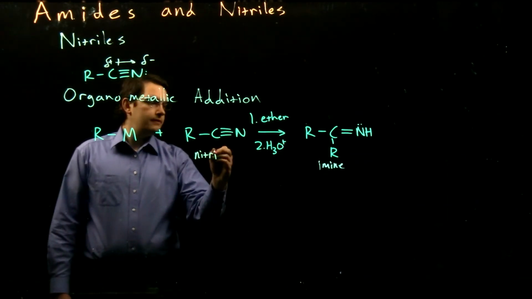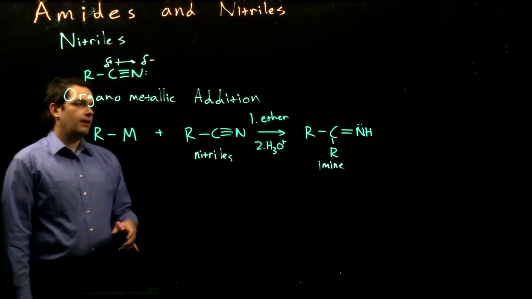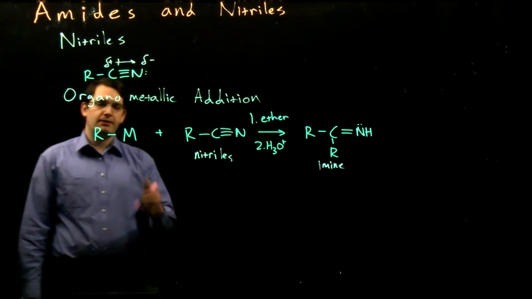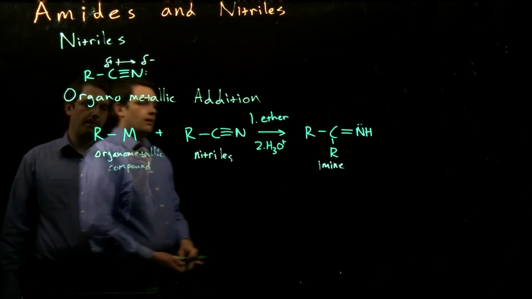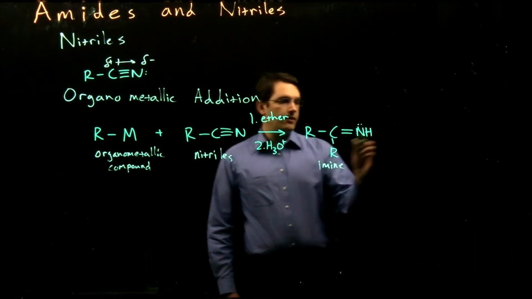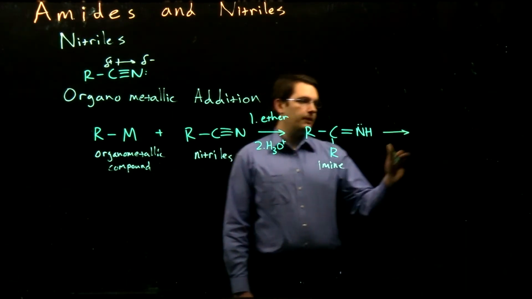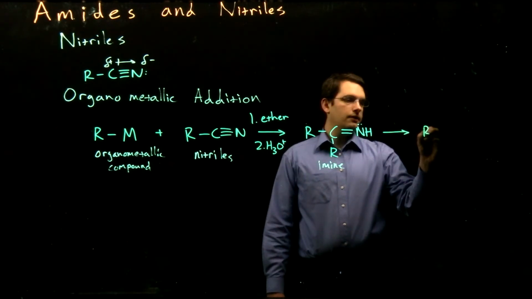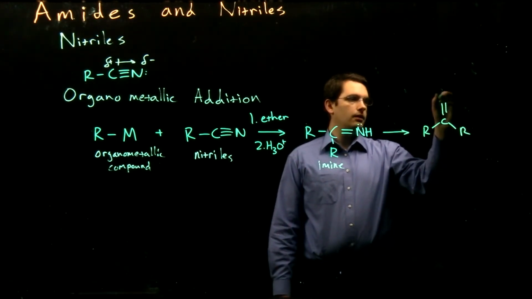And one of the things that we see with imines is that under acidic conditions, they will actually get pushed back towards an aldehyde or a ketone. So since we have acid here in our second step, we actually won't stop at our imine, but this will continue to react to create our ketone.